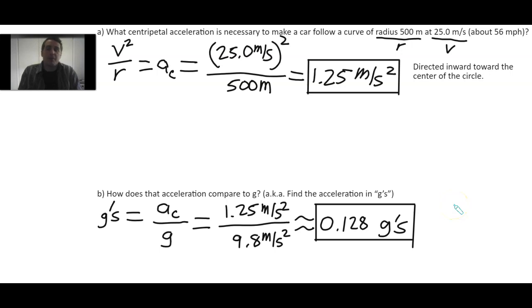It turns out that a person's body, depending upon which plane you're in, can sustain usually around 5 Gs vertically before blacking out and around 3 Gs side to side. But this is the limit of my knowledge in terms of the human body. So Gs is just a nice counting unit that we like to compare things against when looking at accelerations for the human body.